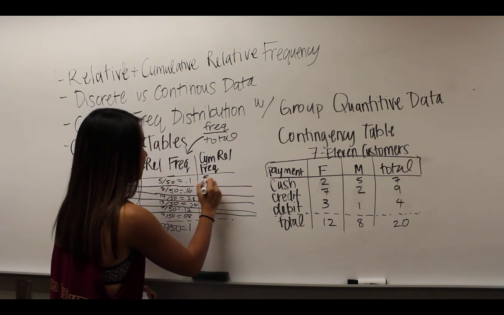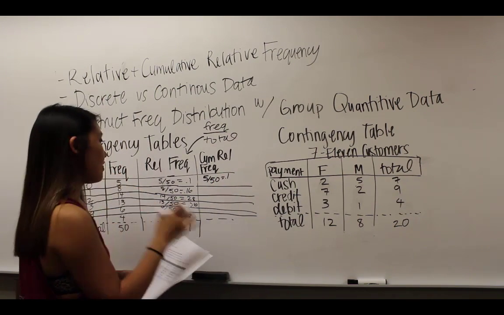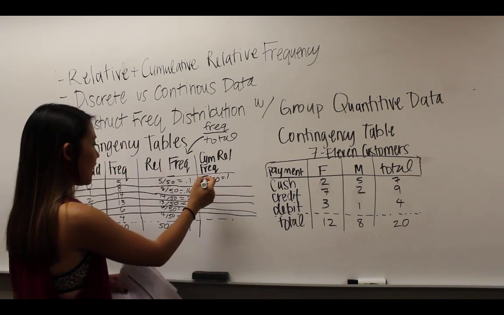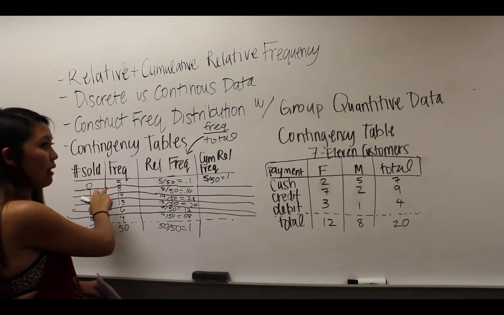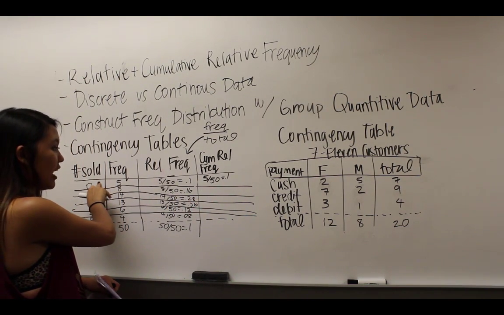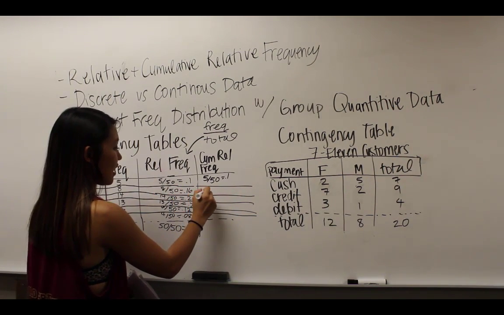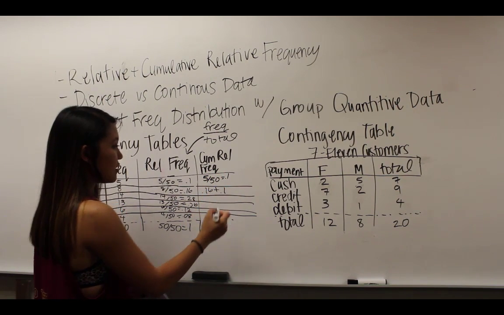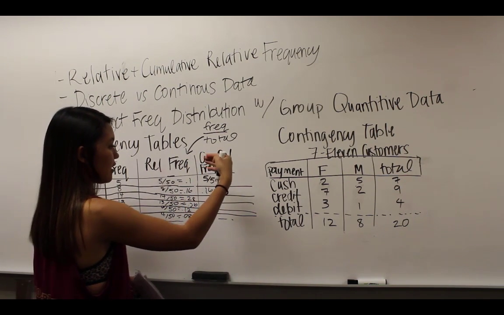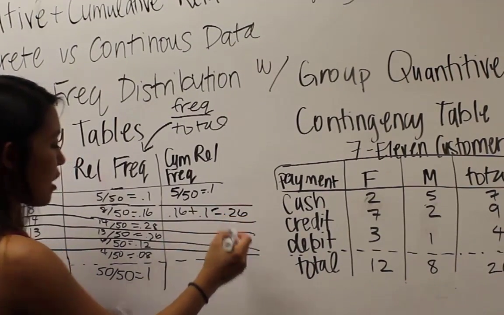So that'll be 5 over 50, which is 0.1. This next one would be the frequency of not only someone buying 1 of it, but someone buying 0 of it as well. So it would be this frequency, which is 0.16, plus the one above it, which is 0.1. So it's accumulating. That would be 0.26.